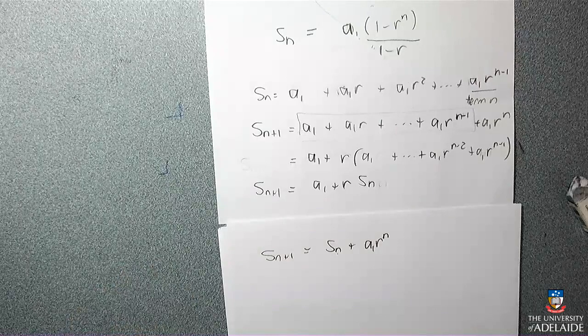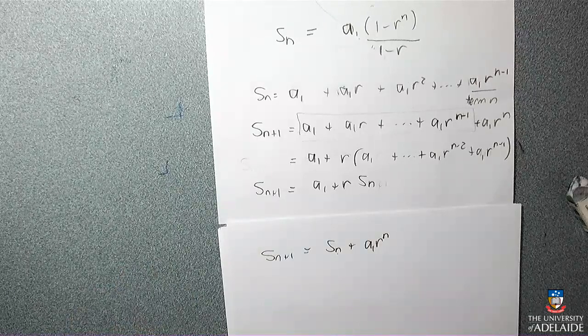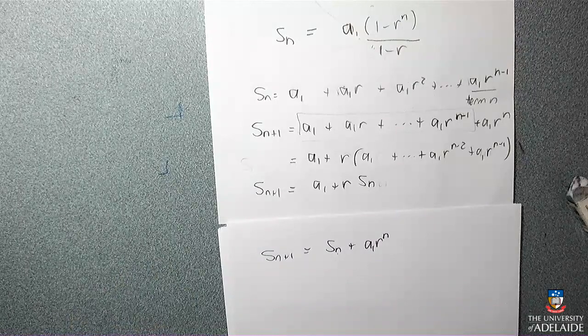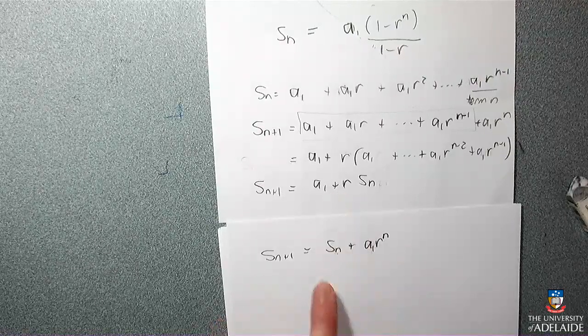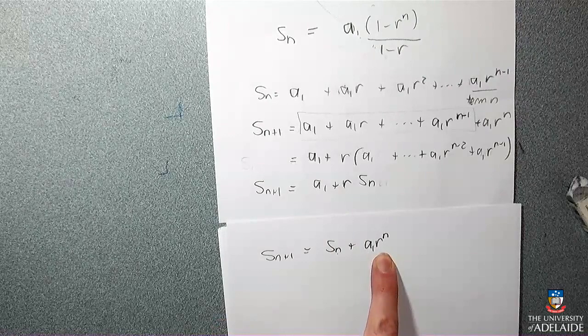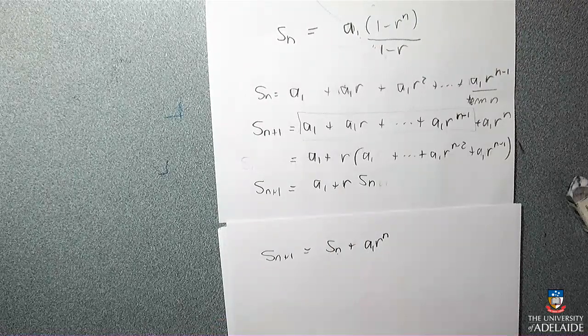To get from the current sum to the next one, one way is to multiply everything I have so far by r and add the first one on. The other way is to just add the next term, A1 R to the n. They're both ways. I'm going to do this with proper numbers in a second just to show you what's going on.